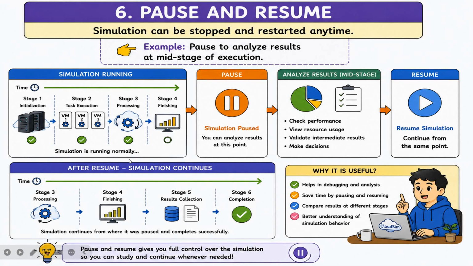Okay, so the overall pause and resume feature gives the researchers better control over simulations, and it helps in testing cloud systems efficiently, comparing the results at different stages, and improving the accuracy of the cloud computing experiments and the performance analysis. So this is about the features of the CloudSim.